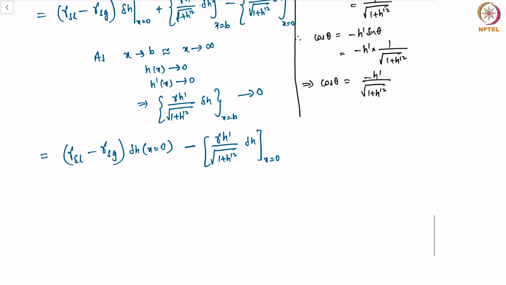One more simplification: instead of writing the whole thing evaluated at x equal to 0, I can say the first quantity is evaluated at x equal to 0 and the second quantity is also evaluated at x equal to 0.